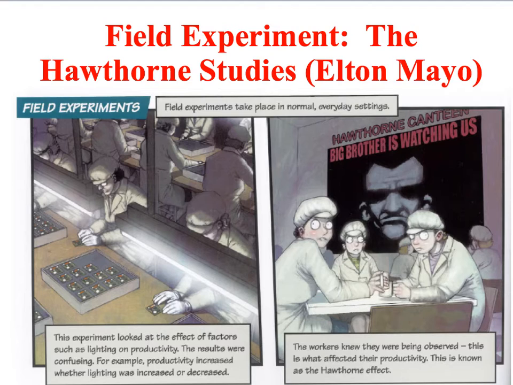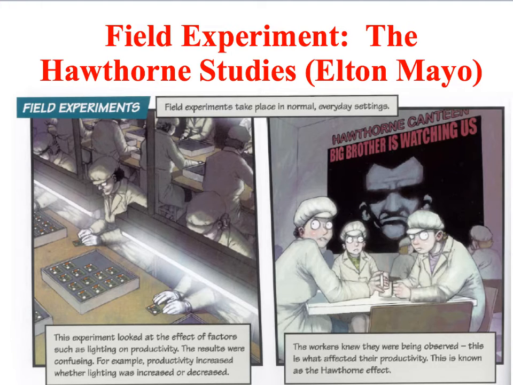And Mayo decided to conduct an experiment to show how changes in factors such as lighting, heating, and length of breaks affected work levels. So he changed the working conditions, in other words, the independent variable, and then measured the resulting changes in productivity, in other words, the dependent variable.